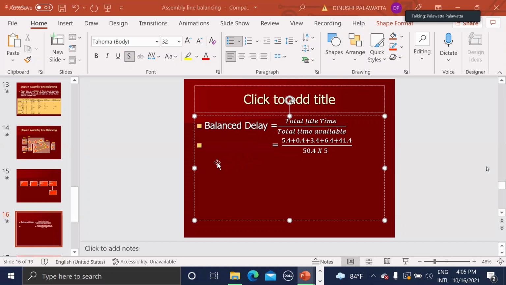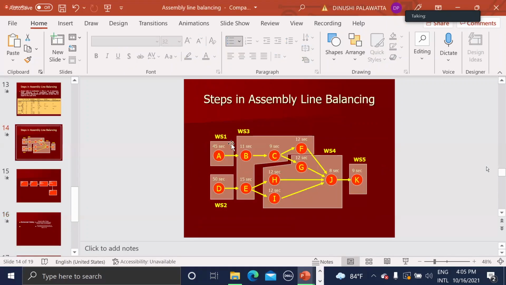For example, B has to be done after A is done. So precedence is not allowed to be violated. And also we are not allowed to allocate tasks to workstations more than the cycle time. So cycle time is 50.4 seconds. When we do that, we arrived at 5 workstations.